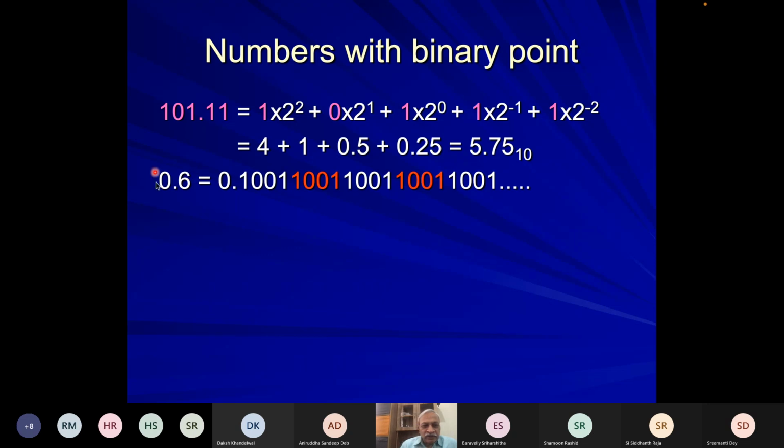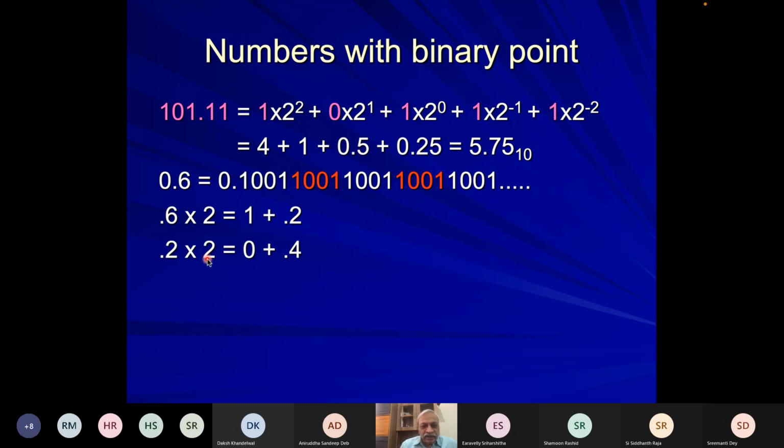Suppose you're given 0.6. How do you represent that in binary? What you would do is repeated multiplication by 2 and keep on collecting the integer parts. So 0.6 multiplied by 2 is 1.2: 1 integer, 0.2 fraction. That gives you 1 bit, the leftmost bit.